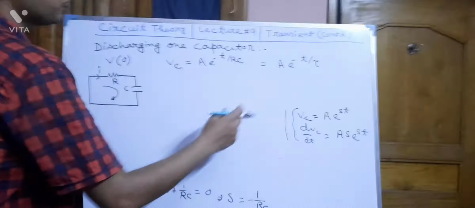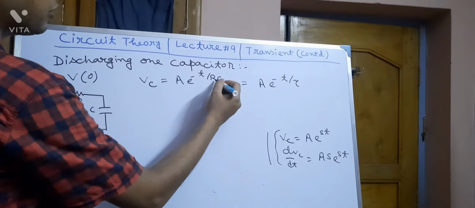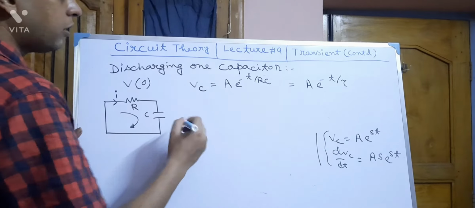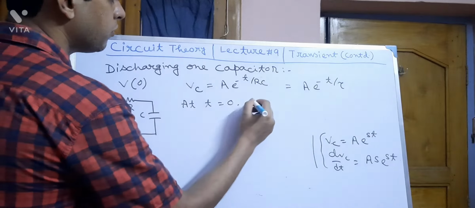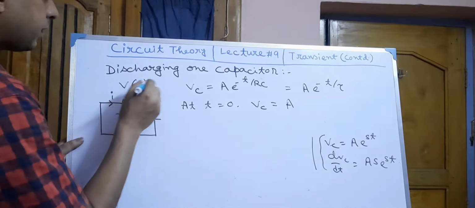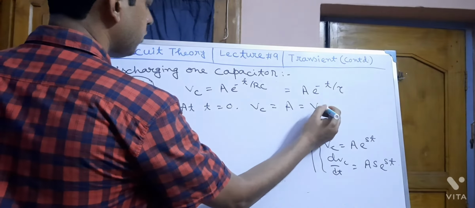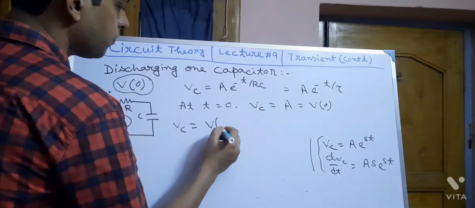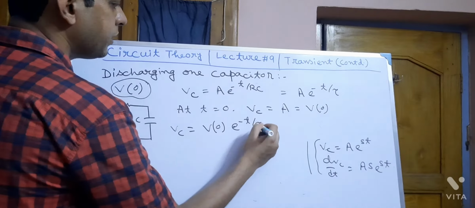We will prove later that the time constant of an RC series circuit is R into C. Now at t equal to 0, Vc equals A. We have assumed that the initial voltage across the capacitor was V0. Therefore Vc equals V0 e to the power minus t by tau.